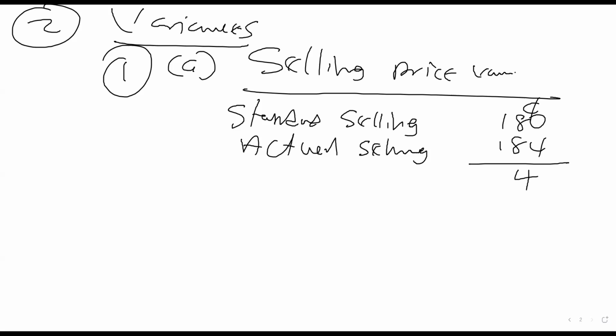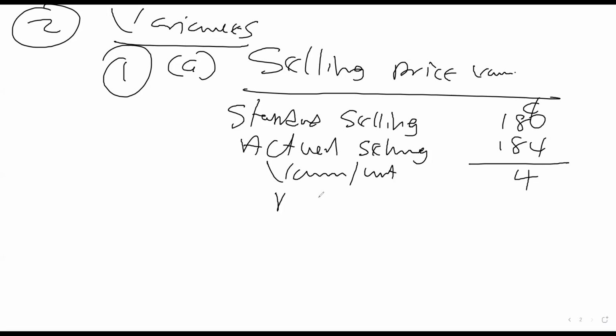Your actual selling price is actually more than your standard selling price. It's because it's a revenue and we have earned more, so it's positive and it's for revenue. Imagine it's a cost and it's positive, I could have said that it is adverse. Then this is variance per unit.